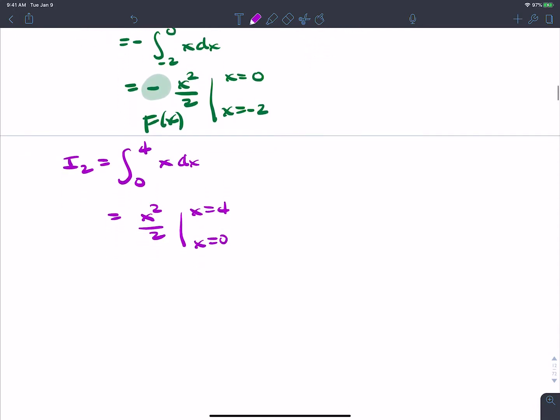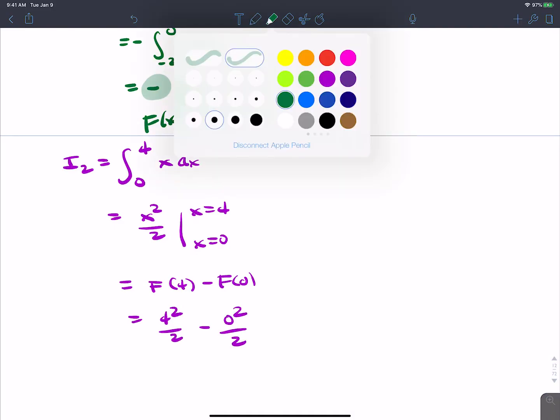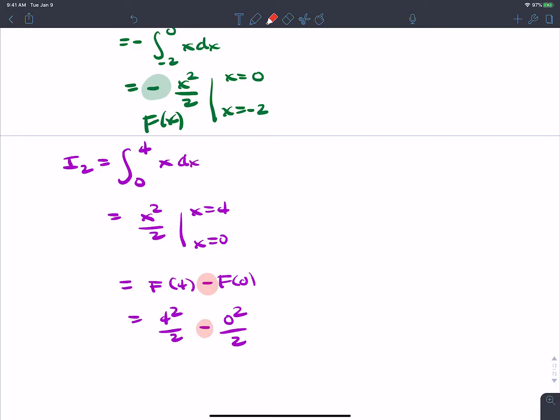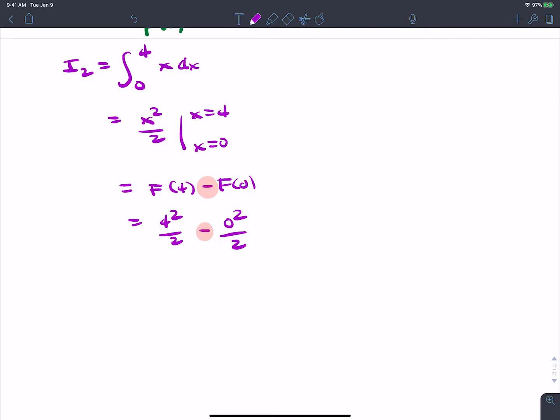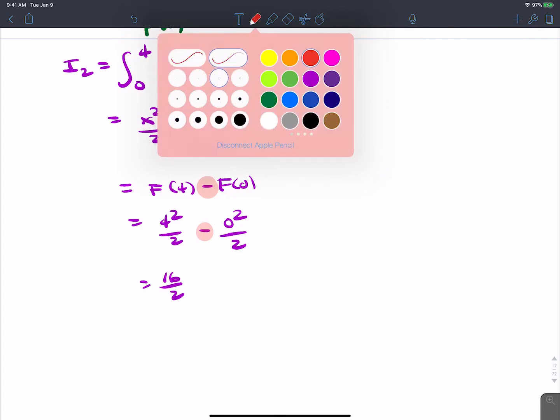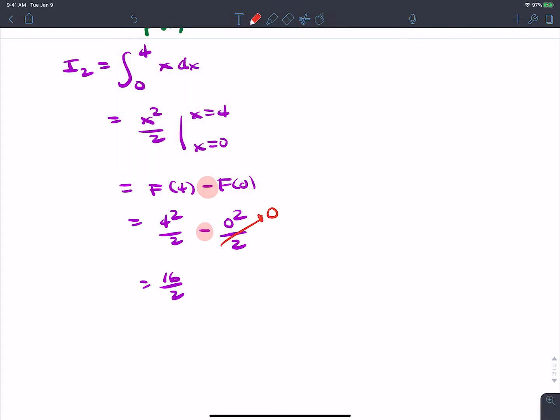So we're going to write this now as f of 4 minus f of 0, which is 4 squared over 2 minus 0 squared over 2. Remember, you have a difference there. So 4 squared is 16, so we got 16 over 2 here. And 0 squared over 2 is 0, so that's gone.